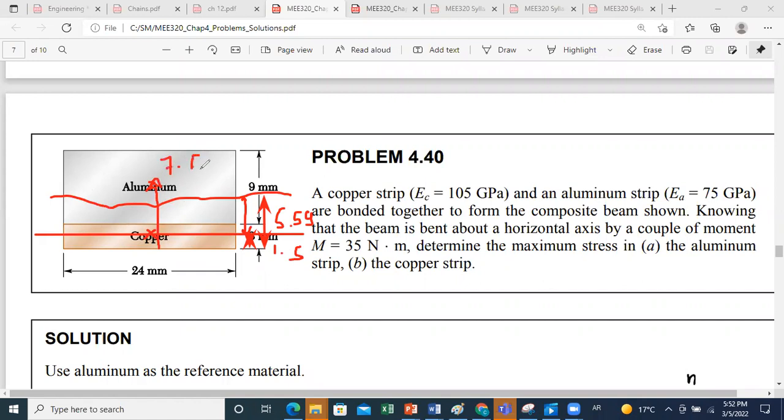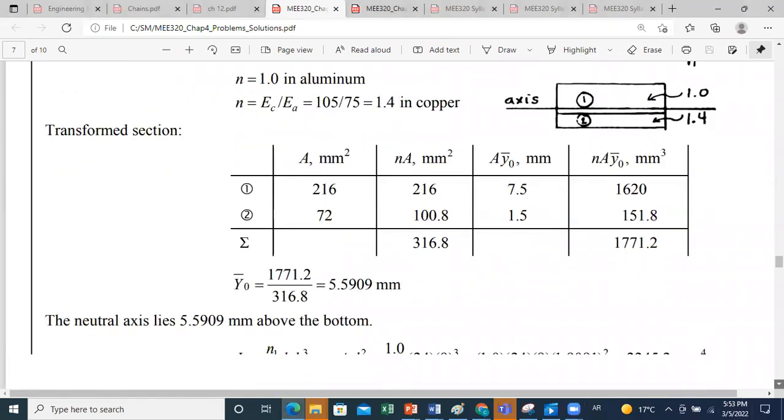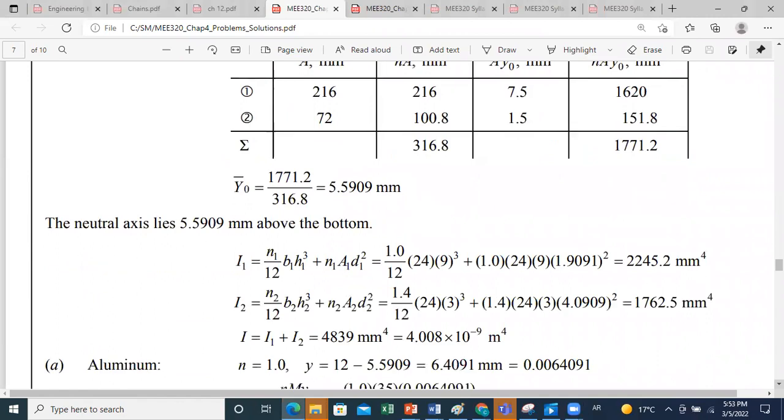So the distance from the axis passing by the centroid of the aluminum part to the neutral axis is 7.5 minus 5.59.